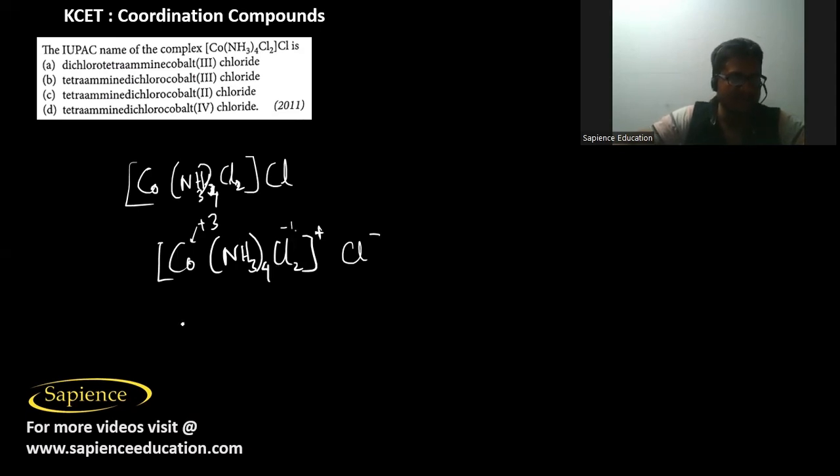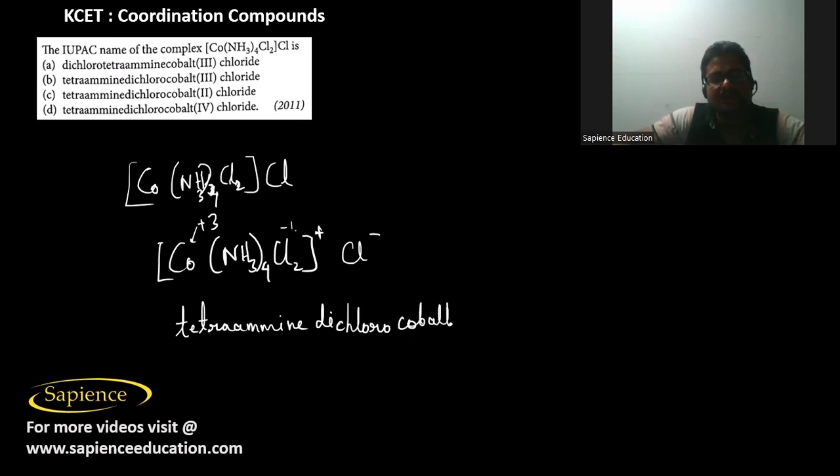Therefore its name will be tetraamminedichlorocobalt(III) chloride. So this will be the required IUPAC name, so option B is the correct answer.